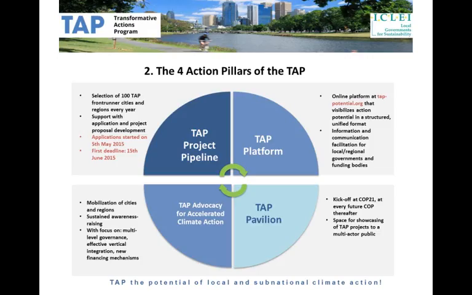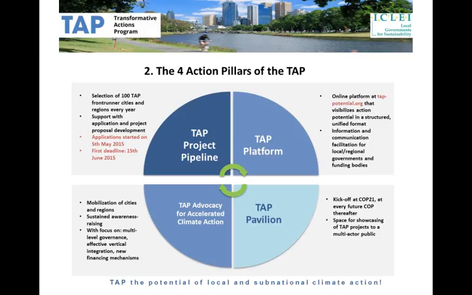As you notice on the graph, this pillar is already underway, and you are probably already aware of it. It's underway since the 5th of May. Applications have started, with the first deadline being on the 15th of June 2015.